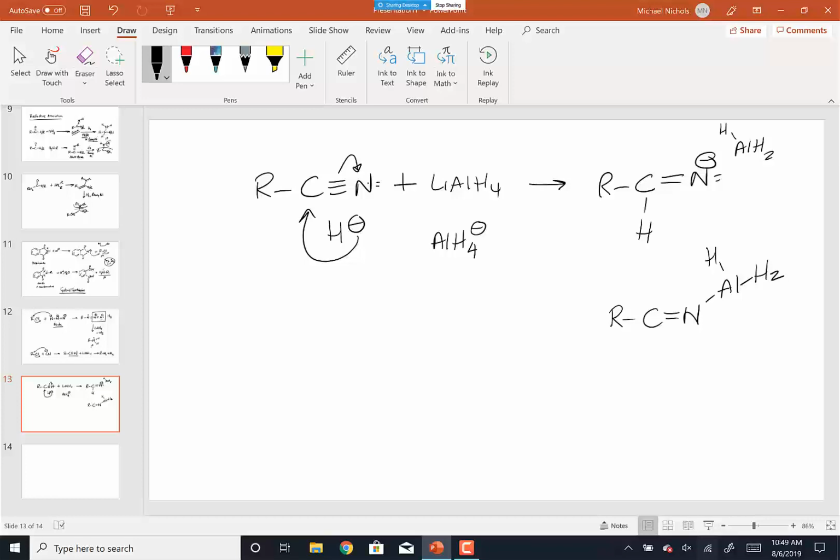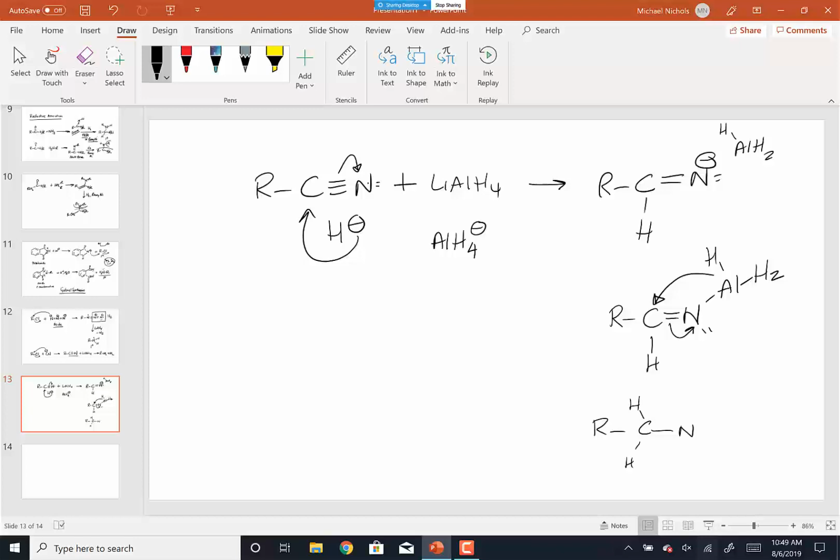Okay. And if I did that, so it's just going to form that bond. So then what's going to happen? What's next going to happen is this. Another H minus is going to come attack that carbon, and the pair of electrons is going to go to the nitrogen. So now I've added 2 hydrogens to my carbon.